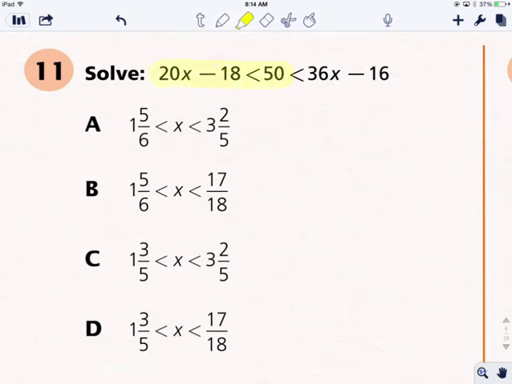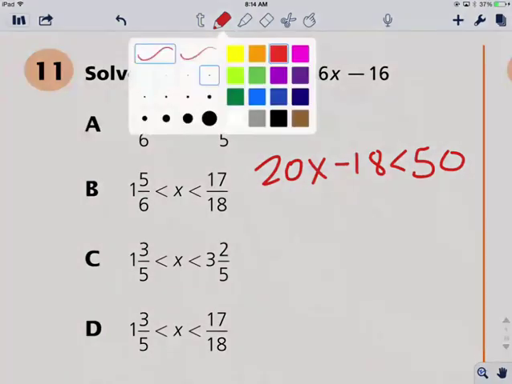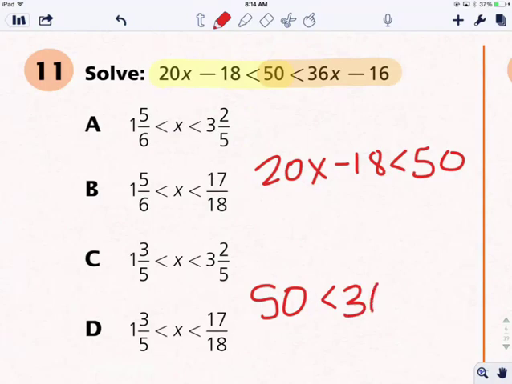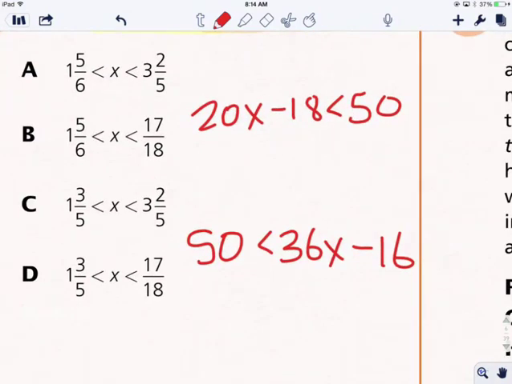This is one inequality: 20x minus 18 is less than 50. And then this is a second inequality: 50 is less than 36x minus 16. So these are two separate inequalities that you can solve to find a value for x.